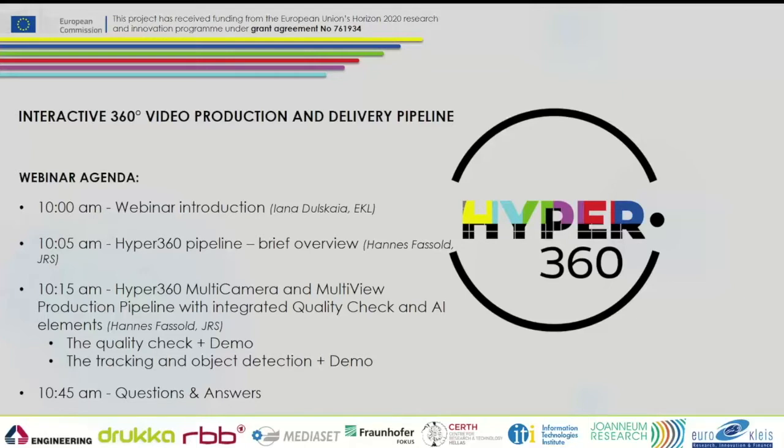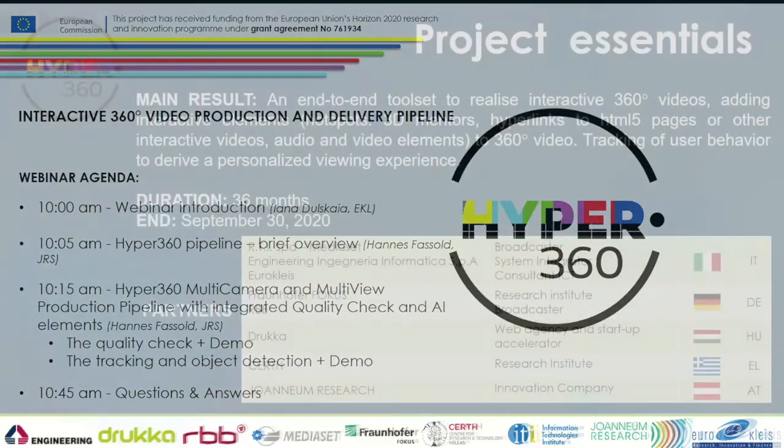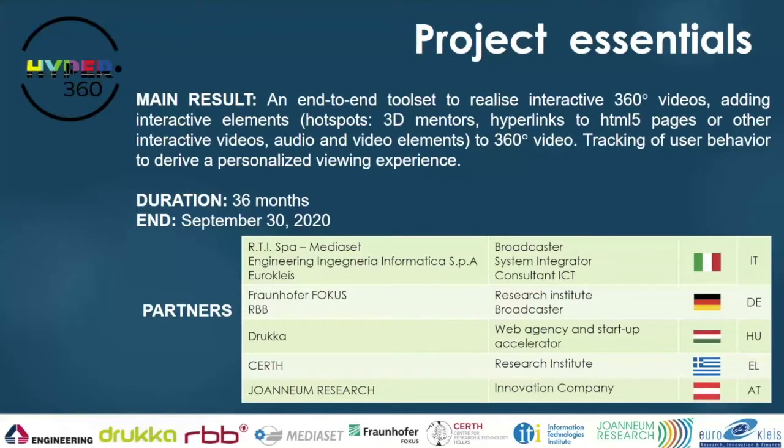First, a brief overview about the whole Hyper360 toolset. The main goal of the project is to develop a whole toolset for interactive 360 video with a number of advanced and next generation features.